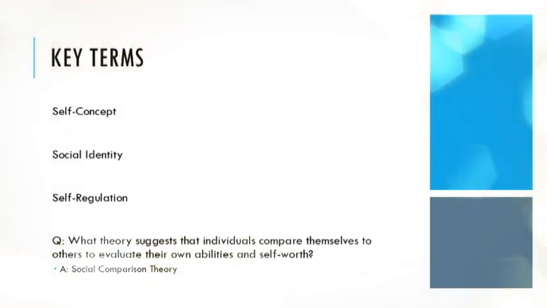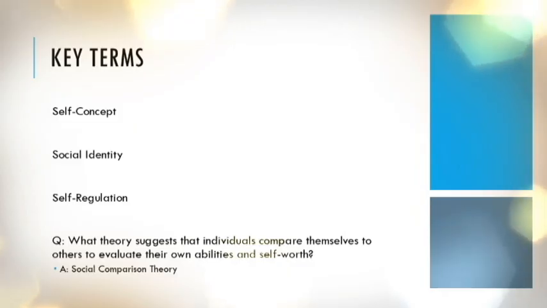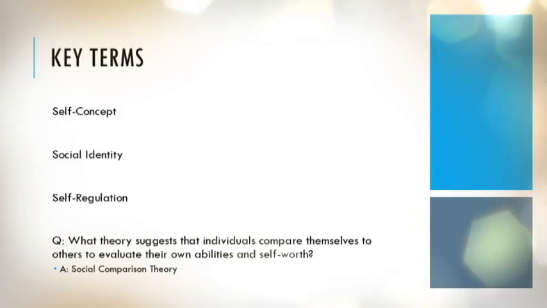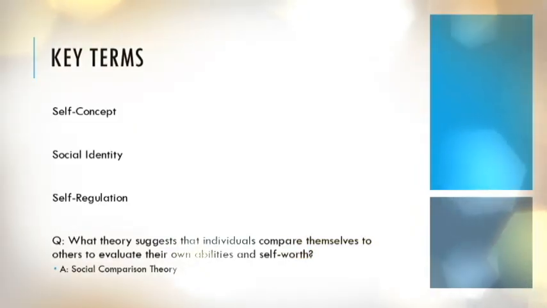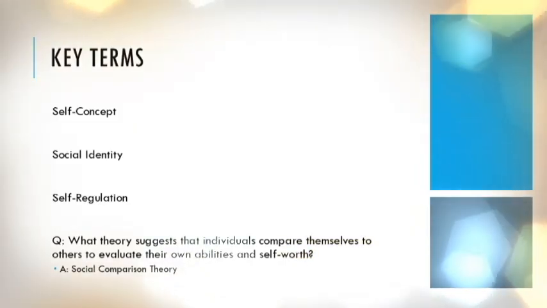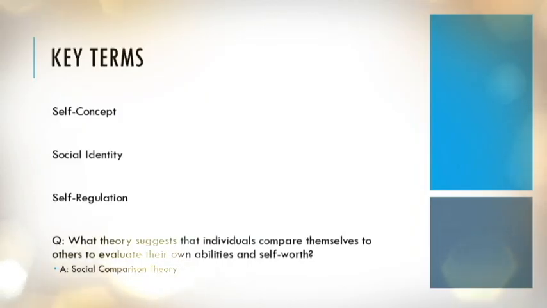A couple of key terms I'd like to highlight here. First off, the idea of self-concept is that whole collection of beliefs and values and characteristics that individuals hold about themselves. And so this is going to encompass self-schemas, which are basically those mental structures that guide how people think about themselves. Then there's social identity, and this is where a person's sense of who they are is based upon their group memberships.